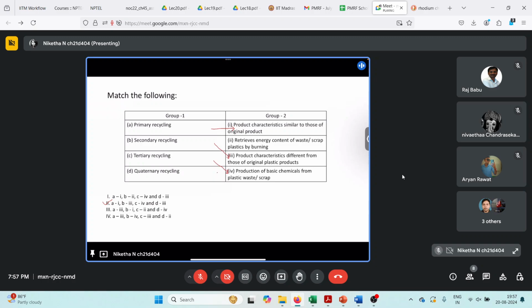And quaternary recycling is retrieving the energy content of waste scrap by burning. So this is like incineration, where you just burn the waste and you generate heat, and that heat can be used for a variety of activities, like generating electricity or cooking. So this will come under quaternary recycling.